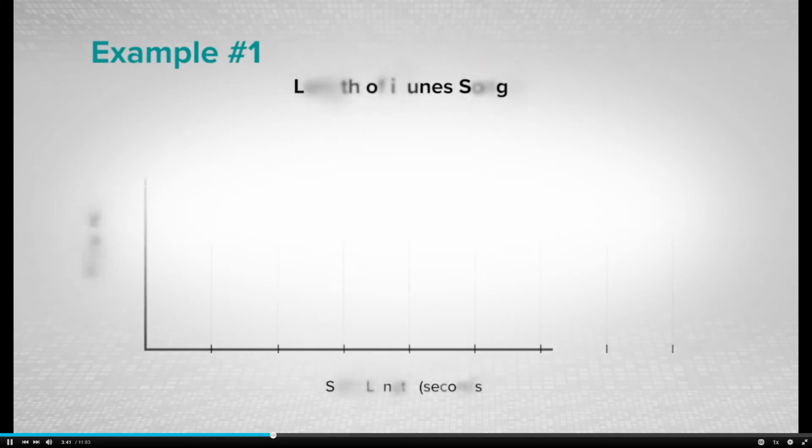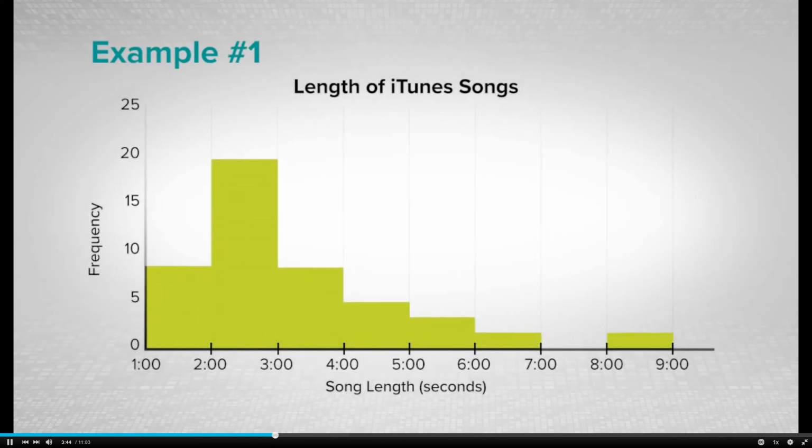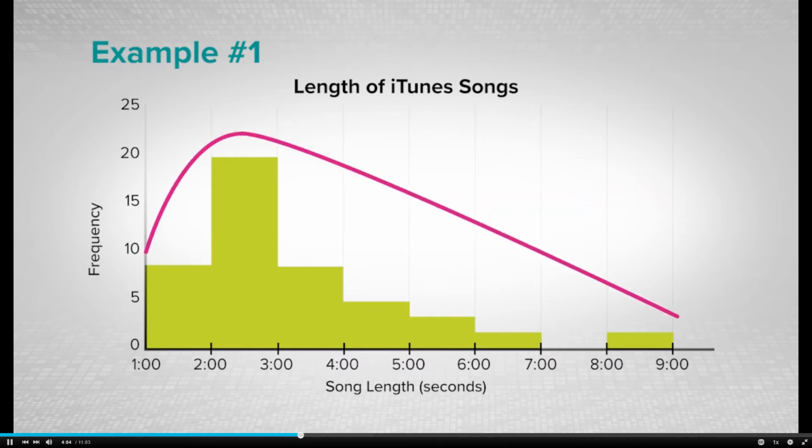Take example 1 here. Let's look at how to describe the shape of the graph in the context of the question. Looking at this graph, we see that it represents the length of songs and the frequency that it plays on iTunes. Looking at the shape of the graph, this is an example where it looks skewed to the right. If I were to trace over the top of this, can you imagine the string that is being pulled to the right?